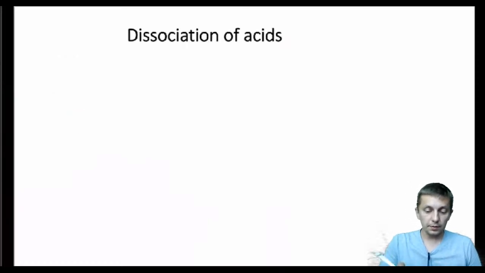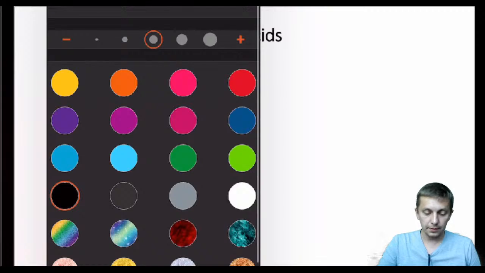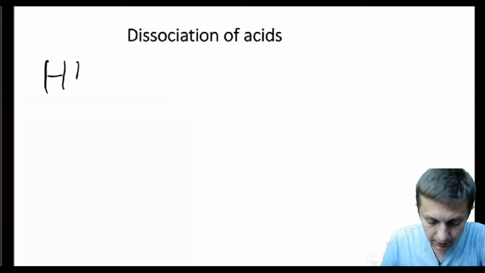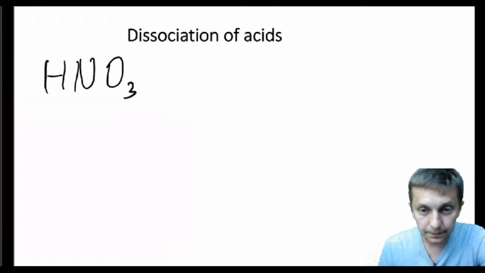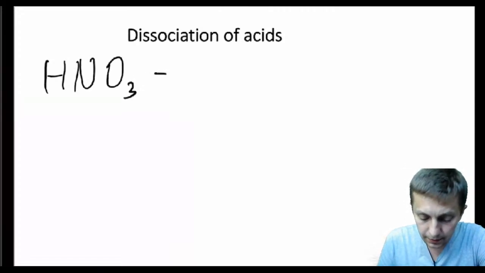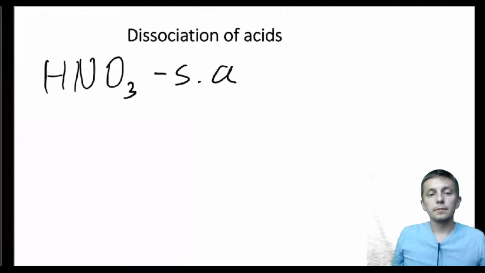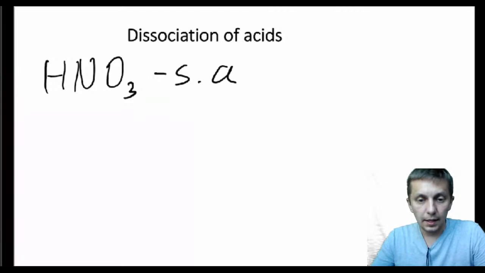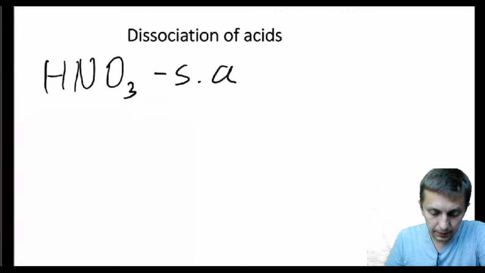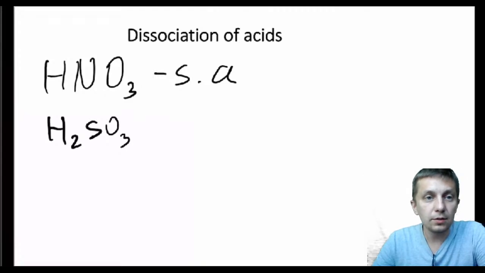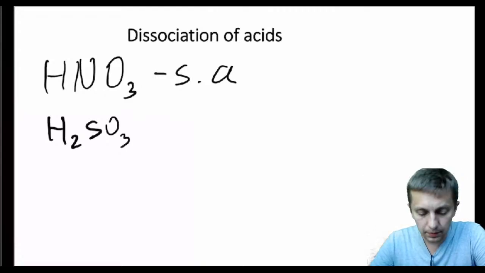So for example, if we have HNO3, it's a strong acid because it's from the list. Or H2SO3, it's not from the list.